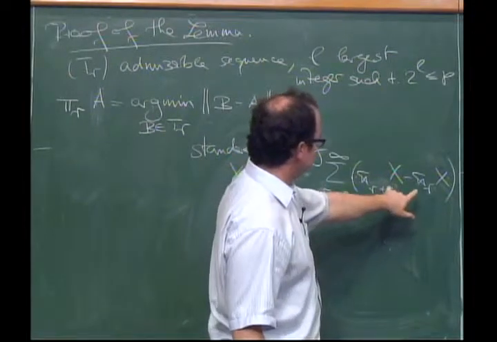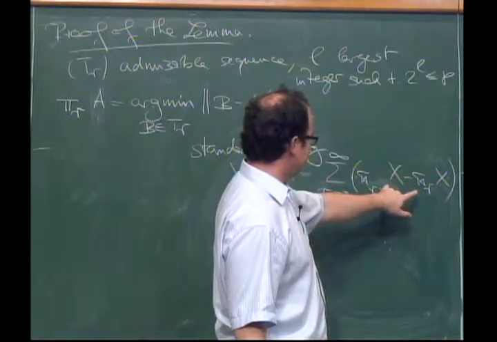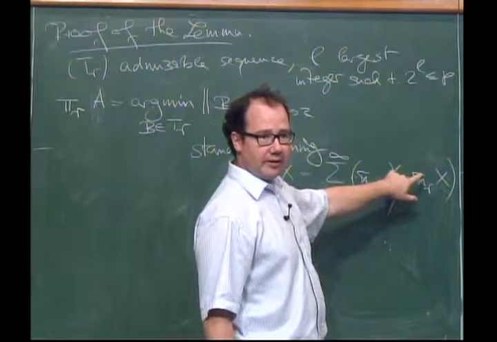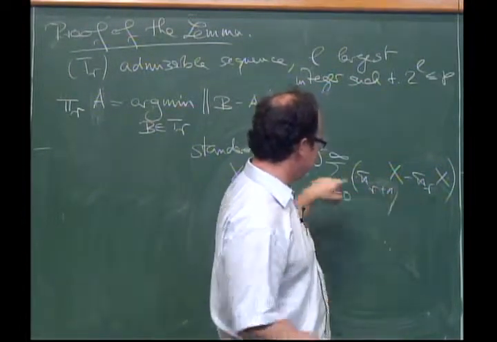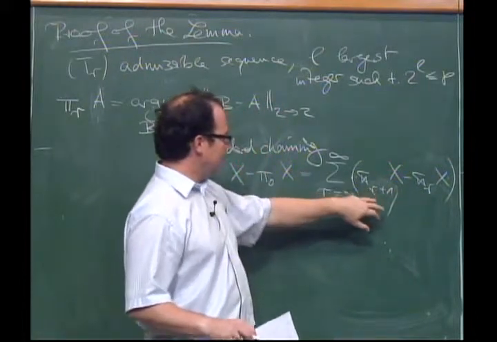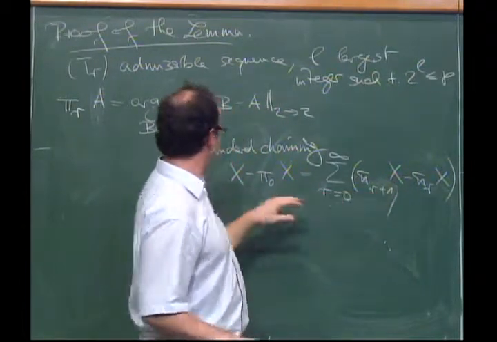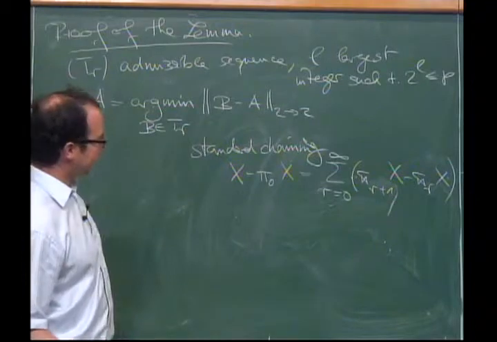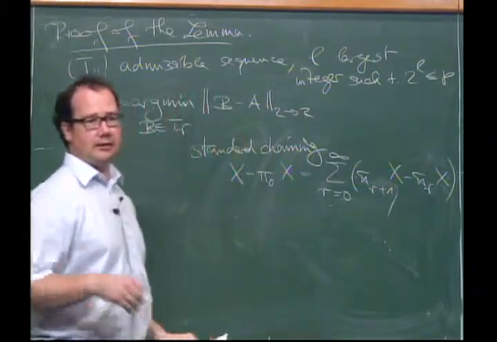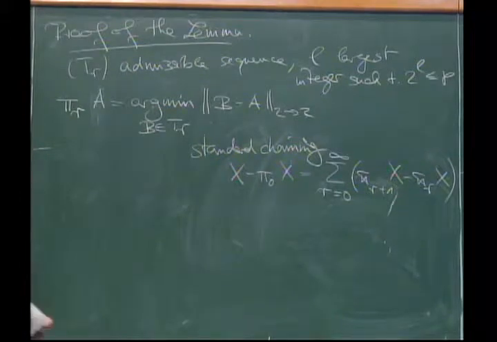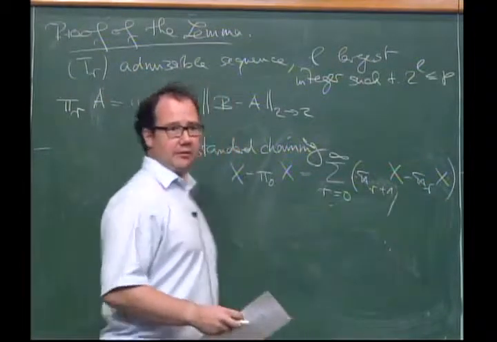For these we will have concentration inequalities, and we need a bound to hold for all of those elements which are in a certain set T_r or T_{r+1}, and then we can work by union bounds.